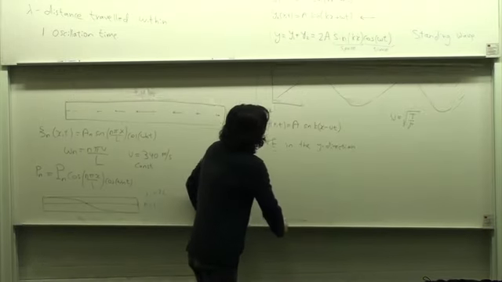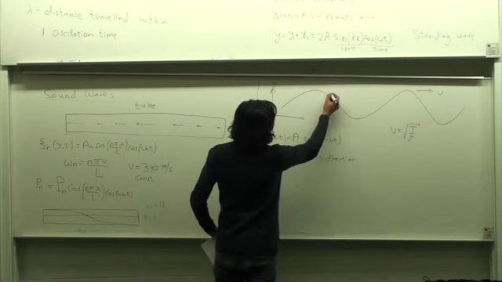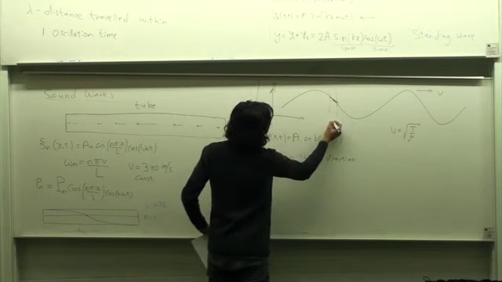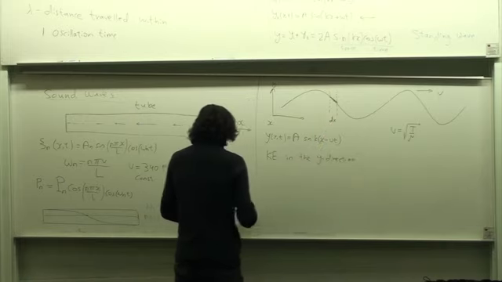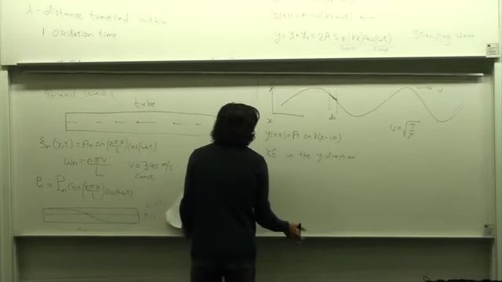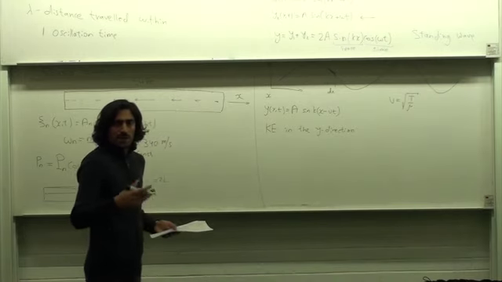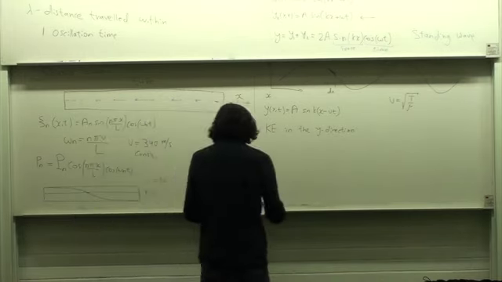For that, we can look at a small element here, dx. And for that element, we know the kinetic energy is half m v squared, right?